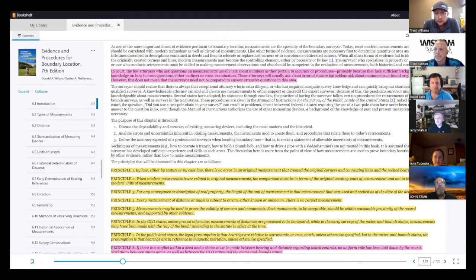And then certainly in anything, would you do what any other reasonable and prudent surveyor would do in that retracement? Those are the key words right there. Standard of care, right? Standard of care for the area, standard of care for the local practicing surveyors, right? Are you meeting that? Yep.